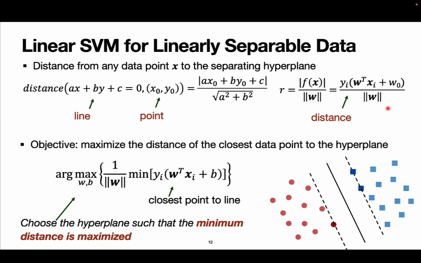As you can see, the distance matters a lot in SVMs because the goal is to find the hyperplane that maximizes the margin, which is the distance between the boundary and the nearest points on each side. And as you can see in this max-min formulation, we're trying to find w and b that maximize the minimum distance to the hyperplane.